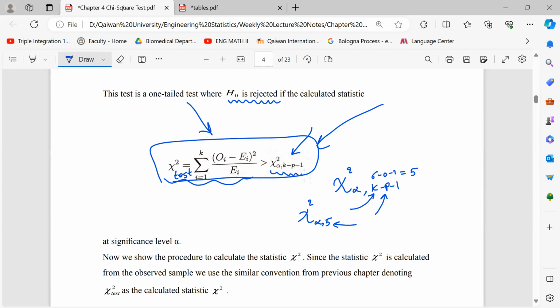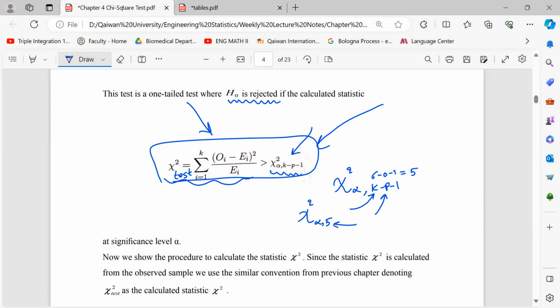We reject this statement and accept H1, which means the dice is not a fair dice.